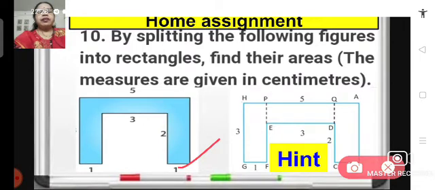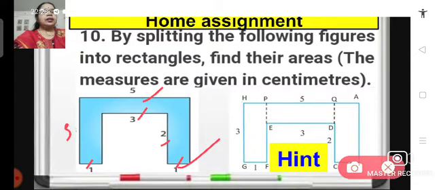So we have this side as 5 centimeters, this as 3 centimeters, this 2 centimeters, this is 1 and this is 1, and also this side is given as 3 centimeters. We have given the hint also on how to split this figure into 3 rectangles.